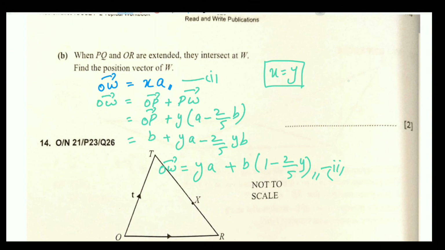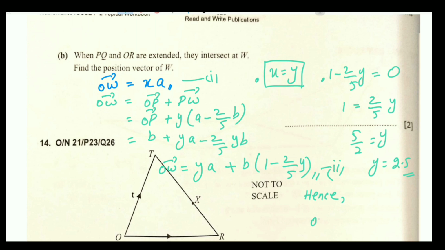As we don't have B in equation number 1, the equation will be 1 minus 2 by 5 Y is equal to 0, because there is no coefficient of B in equation number 1. So 1 is equal to 2 by 5 Y, and 5 by 2 is equal to Y, that is 2.5.